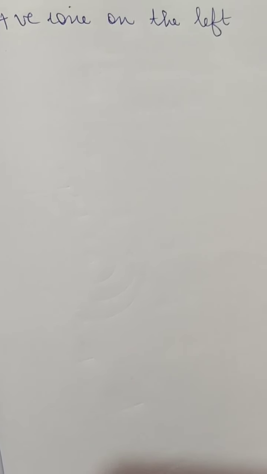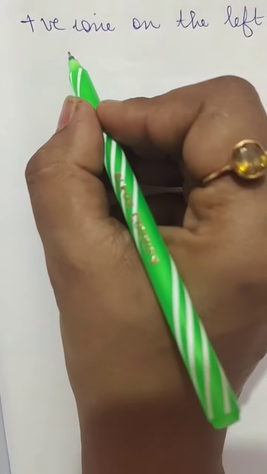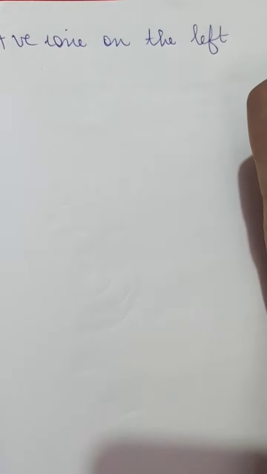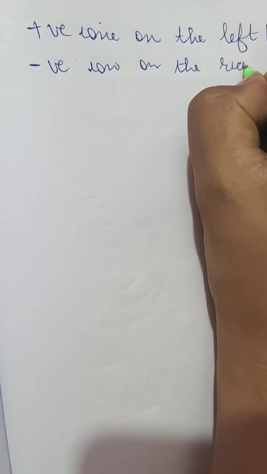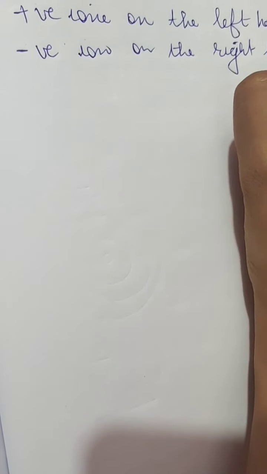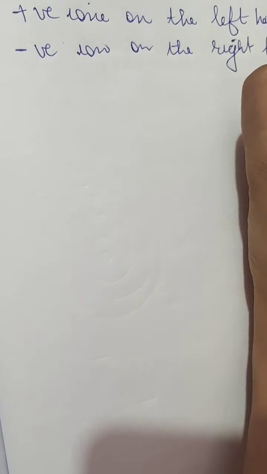So any positive ion is written on the left hand side, and negative ion on the right hand side. So this has to be kept in mind.